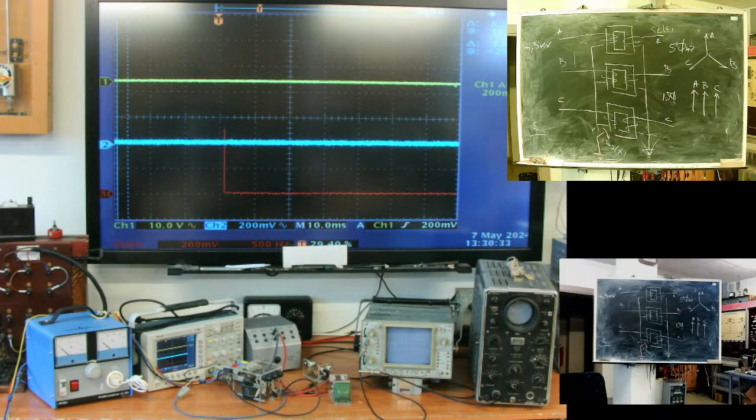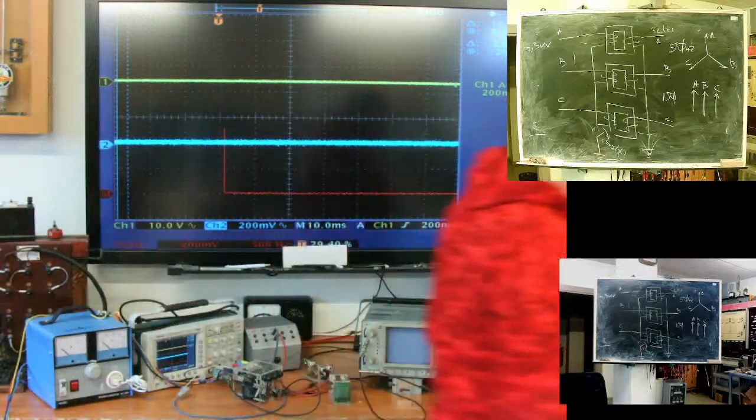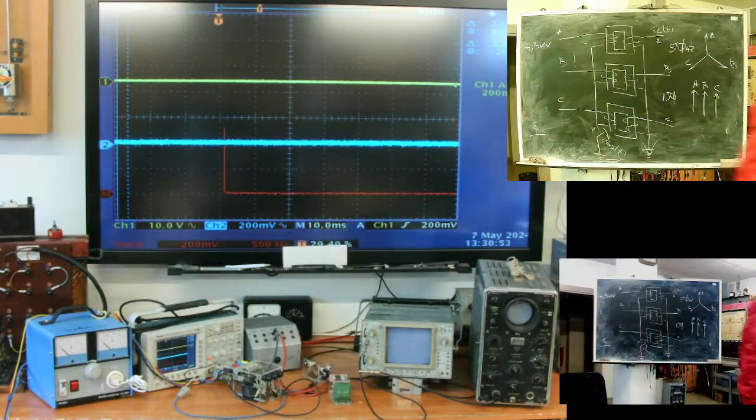If I need more. One moment, I would like to show one more trick. One more thing about the third harmonic on this transformer.